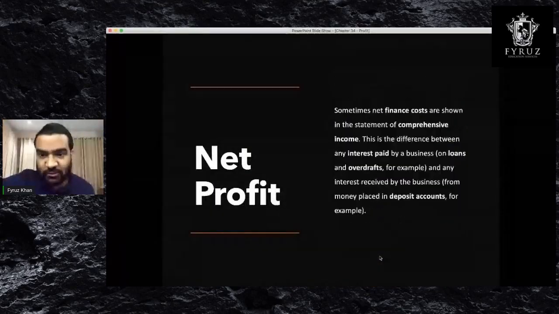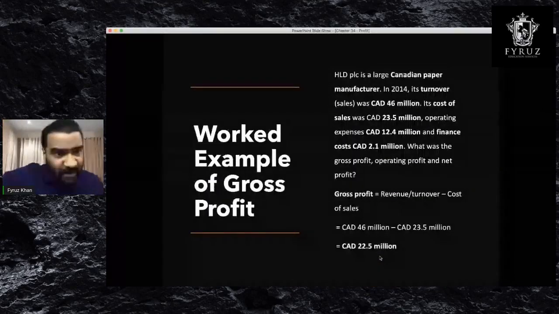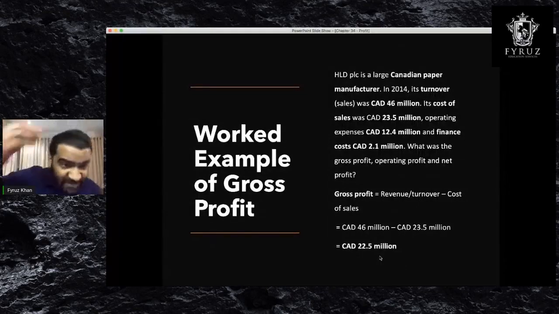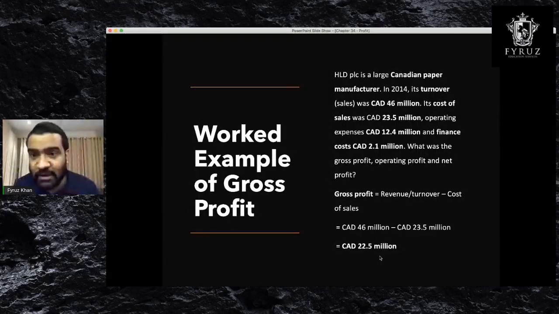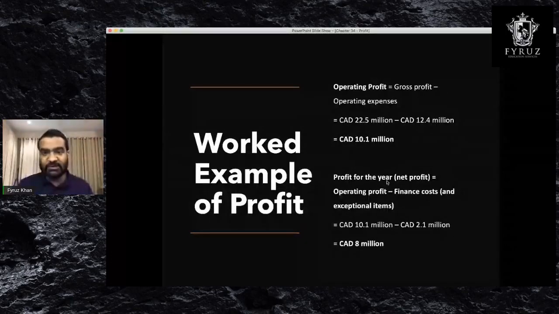Okay, so I have worked out the same problem. If you read here, operating expenses was 12.4 million. So we know the revenue is 46 million minus 23.5 million, which is your gross profit, 22.5 million.